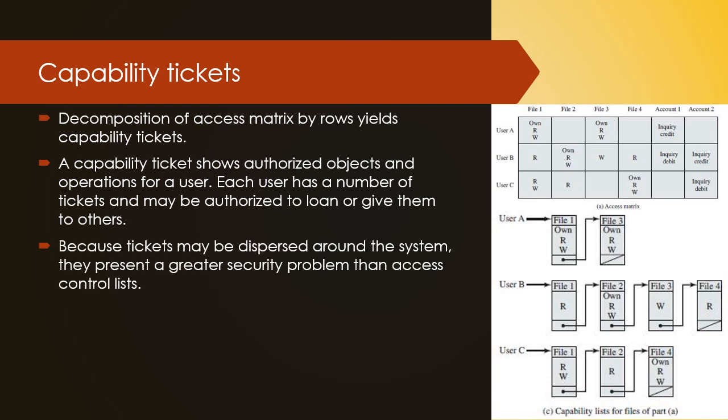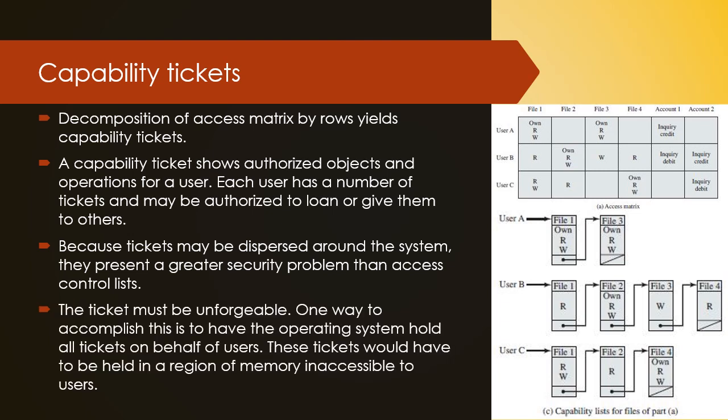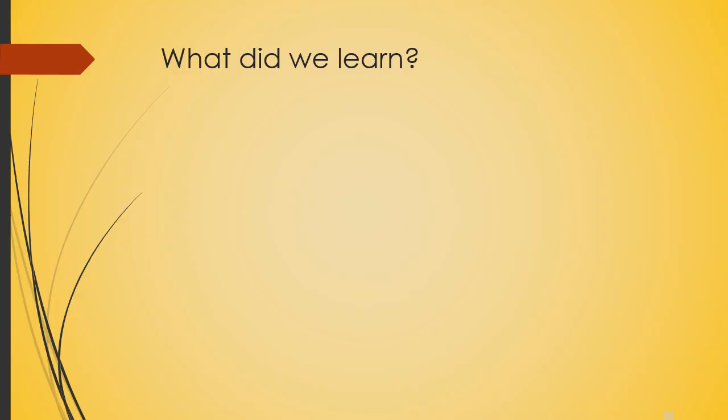Because tickets may be dispersed around the system, they present a greater security problem than access control lists. The ticket must be unforgeable. One way to accomplish this is to have the operating system hold all tickets on behalf of the users. These tickets would have to be held in a region of memory inaccessible to users.